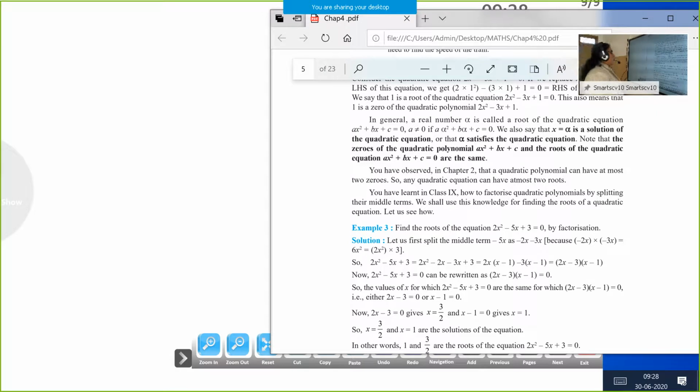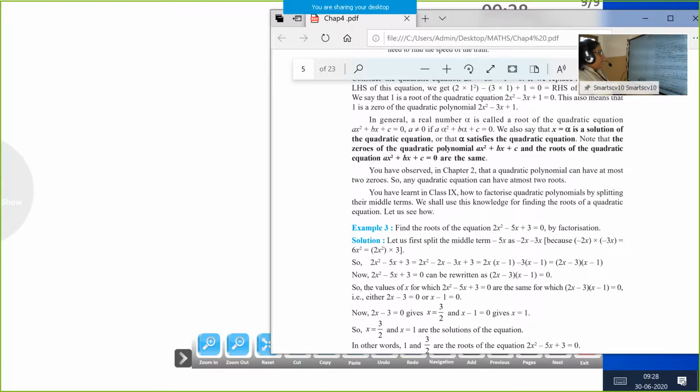Find the root of the equation 2x² − 5x + 3 = 0 by factorization. We know how to factorize an algebraic equation.